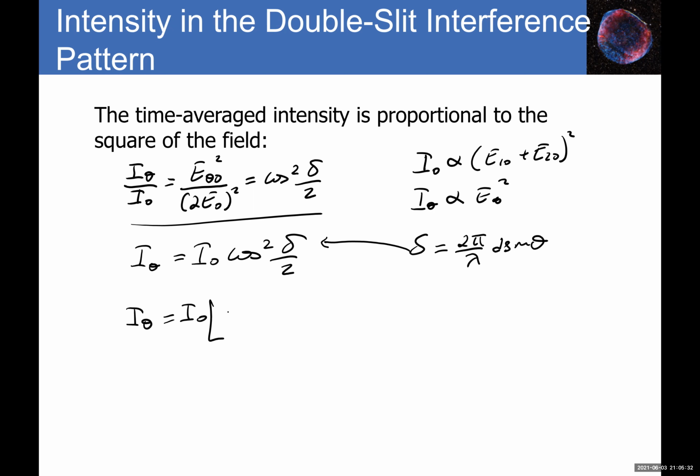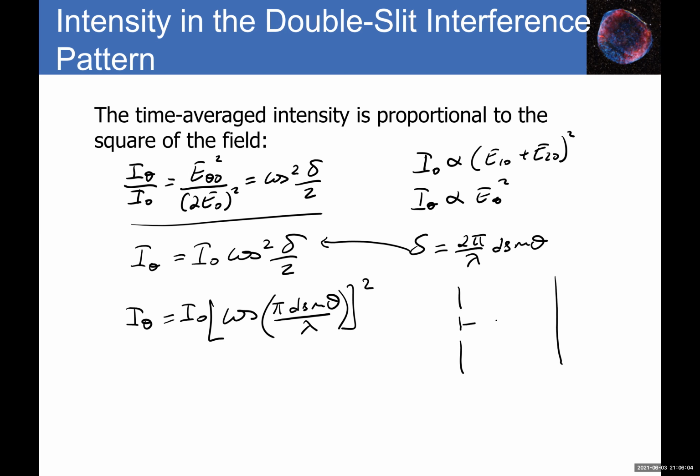So cosine of delta over 2, where delta is 2 pi over lambda times d sine theta, so technically the 2 cancels out. What I have here is pi d sine theta over lambda, and then this is squared.